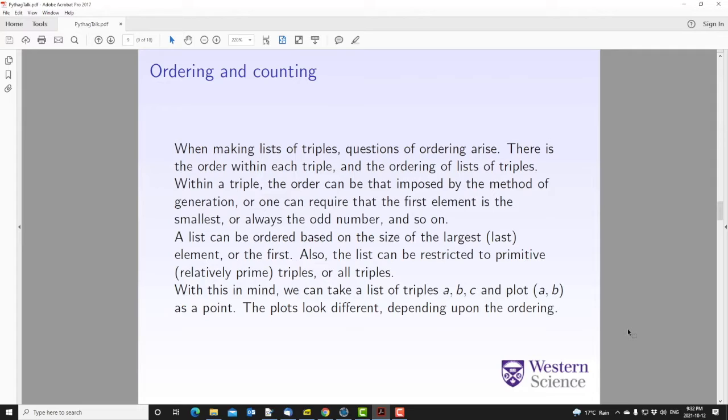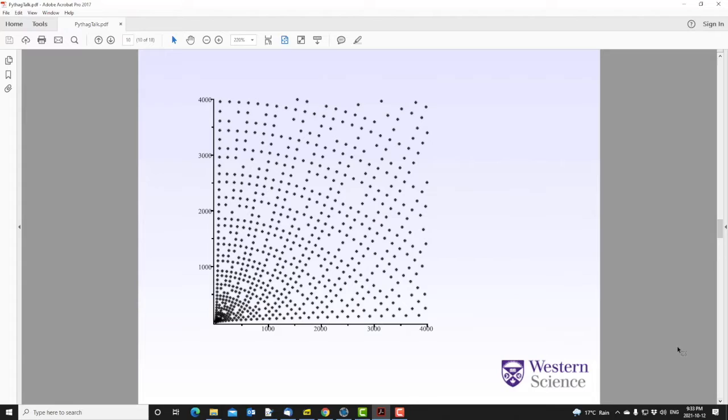For a start, let's suppose we always start with even numbers. Then this is the plot we get. And looking at it, you can see that the dots line up on inviting curves in the plane, which you'd like to describe. And we go into that in the paper that accompanies this talk.